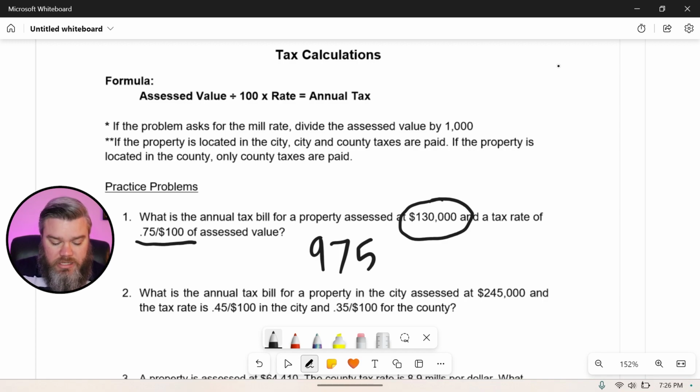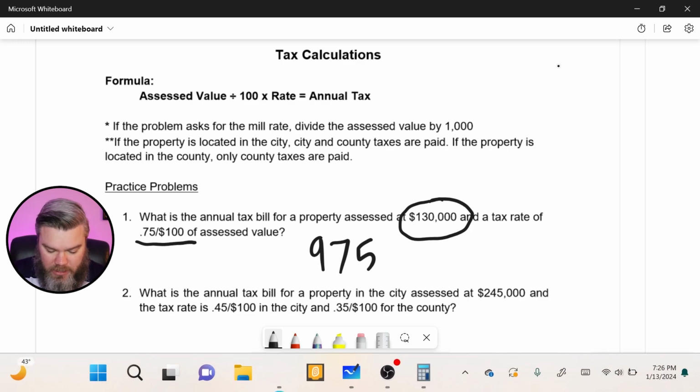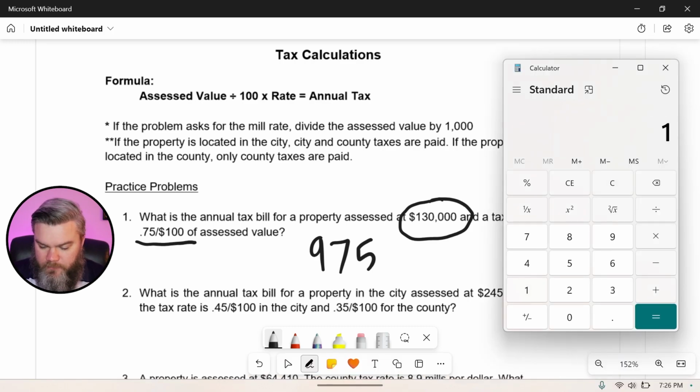When you're dealing with this per 100 rate, if you were to take your calculator and divide 100 by itself, you're left with 1. Okay, 100 goes into itself one time. So what that means is, if you were to take this 75 cents per 100 and divide it by 100, you have converted this to a per dollar rate.